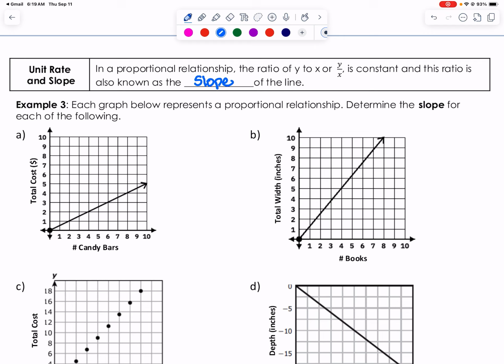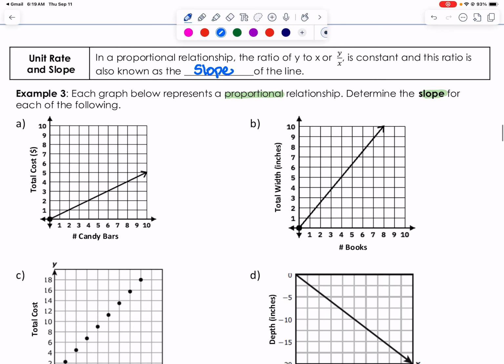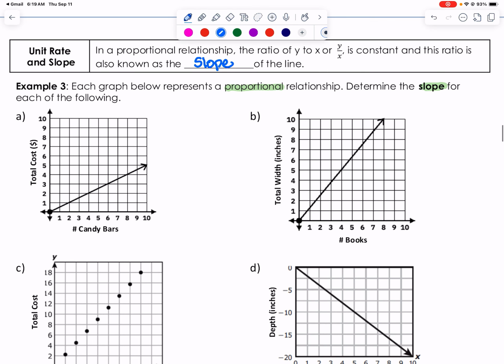So in example 3, it says each graph below represents a proportional relationship, and that's very important that we know that. Determine the slope for each of the following. So to determine the slope of a proportional relationship, we simply need to find the ratio of y to x.